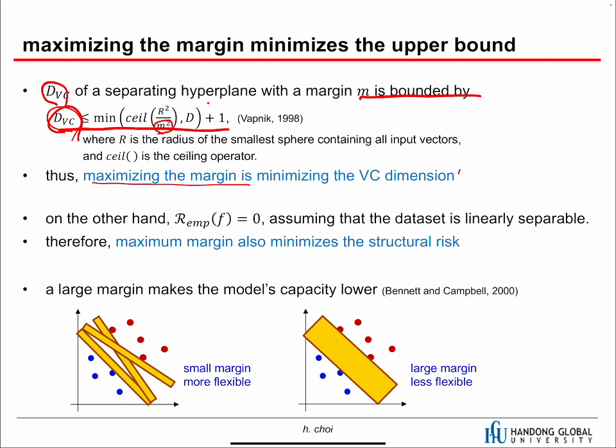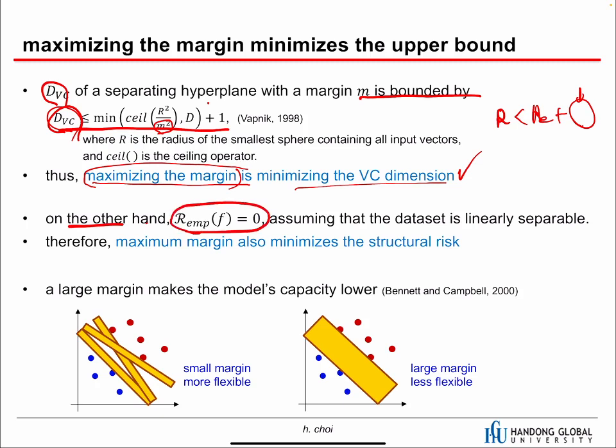Remember, in the previous upper bound, we have the risk and the empirical risk plus some term. Maximizing the margin is minimizing the VC dimension, which means we minimize this term. On the other hand, since this is linearly separable, the empirical risk is 0.